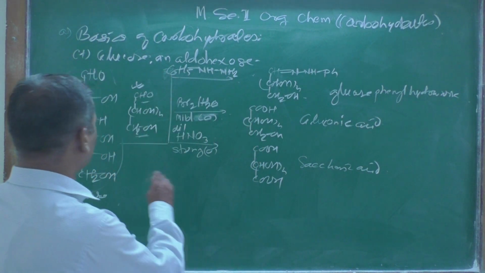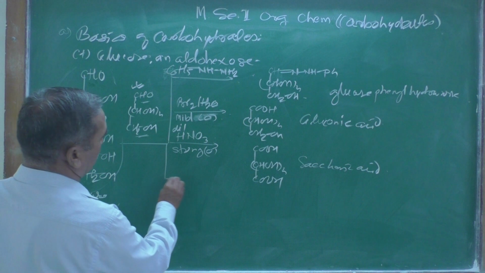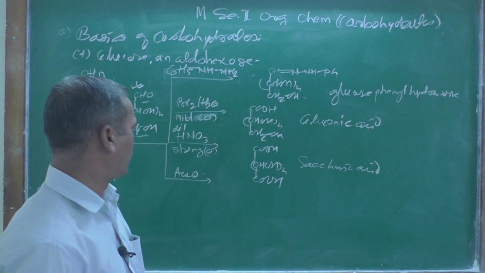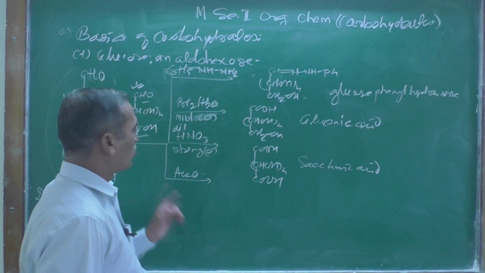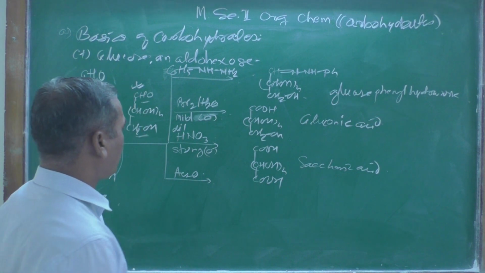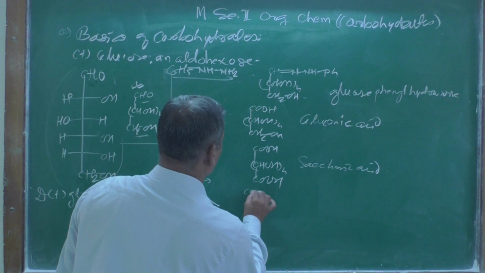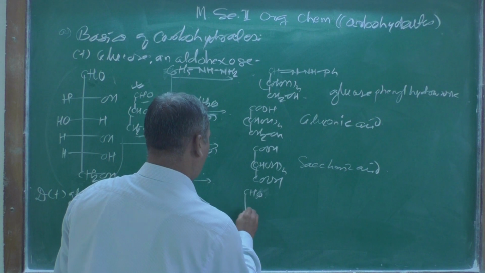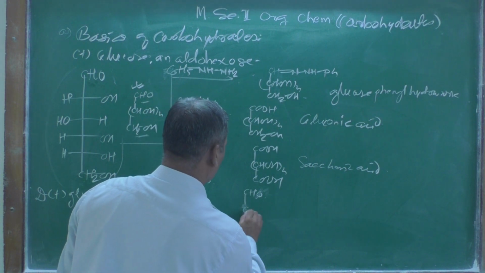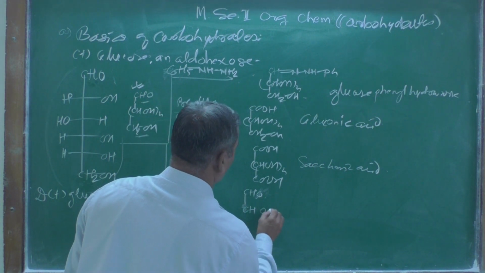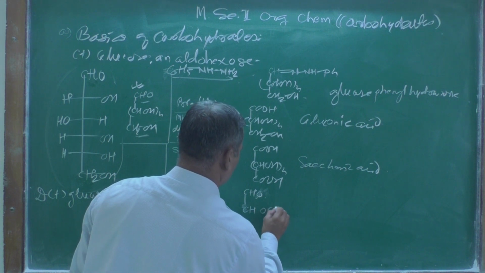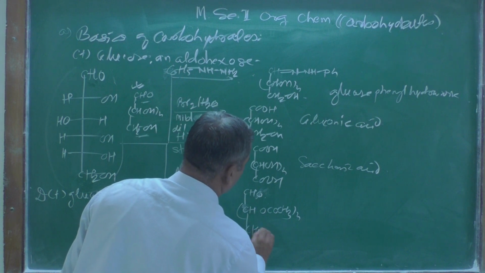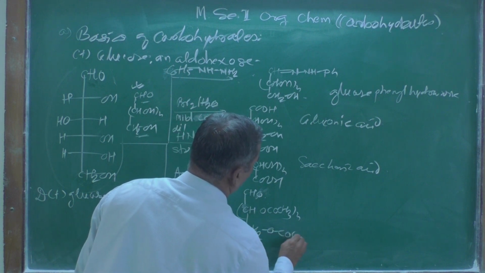Now when this compound is treated with a reagent like Ac2O, acetic anhydride, what do you get? Here you get CHO, the aldehyde, as well as CH then OCOCH3 four times, and then CH2OCOCH3.